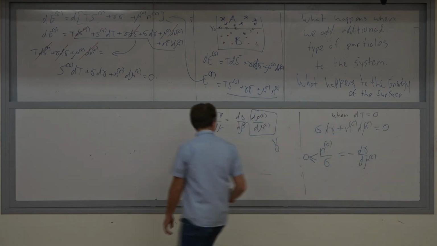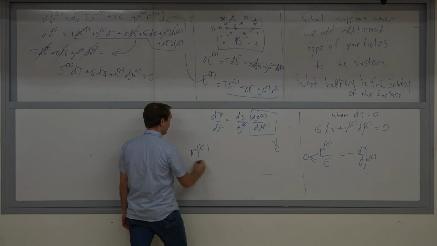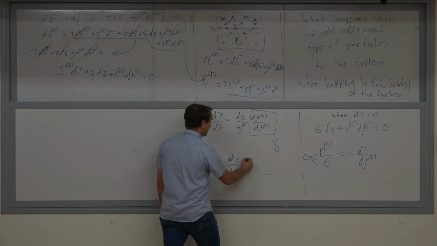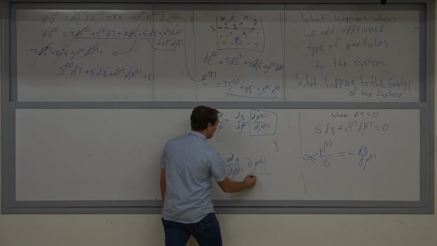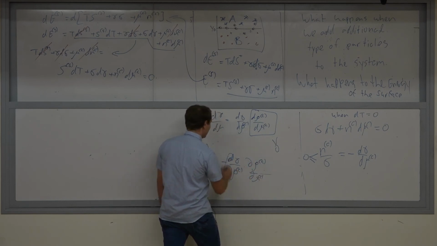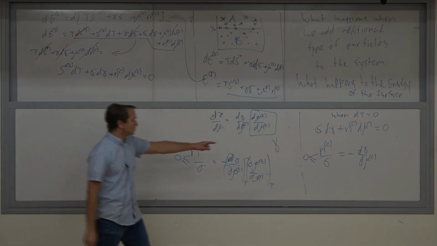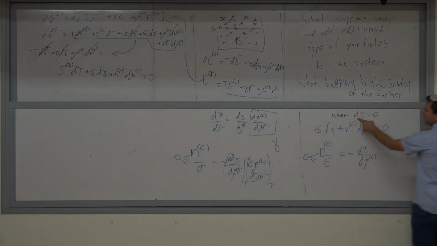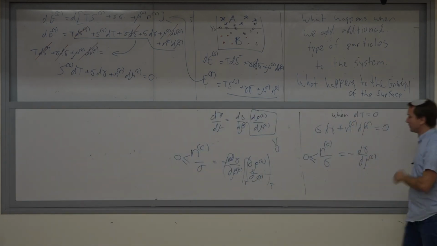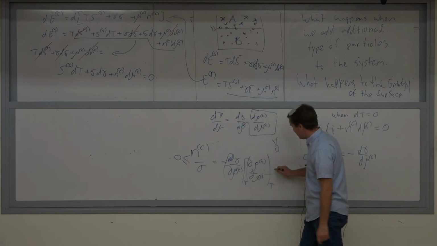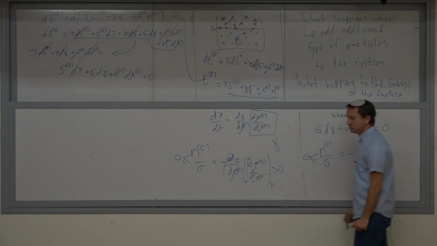Okay? So look, now we have Nc divided by sigma greater than 0 equals minus dγ/dρc multiplied by dρc/dμc. Everything here is at constant temperature, because I have taken an isothermal process. This is greater than 0, and this is greater than 0.